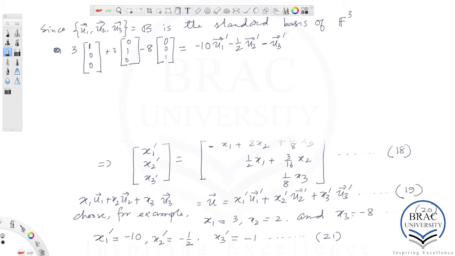Okay, so we end up with 3, 2, minus 8. This vector is equal to minus 10 times u1 prime minus 1/2 times u2 prime minus u3 prime.